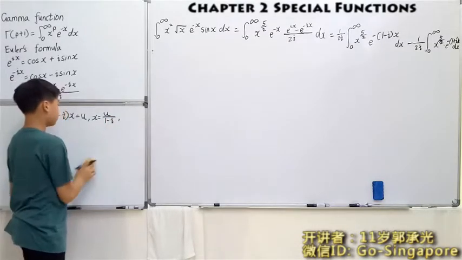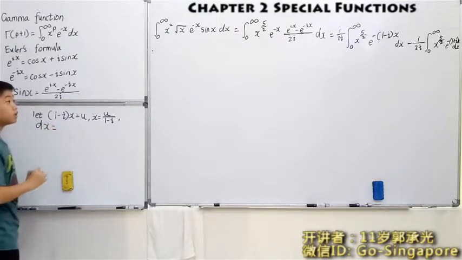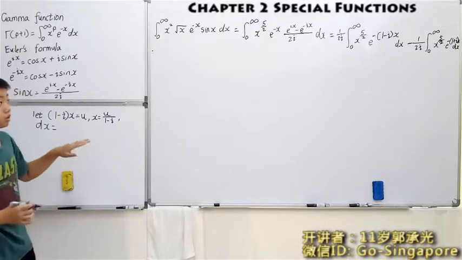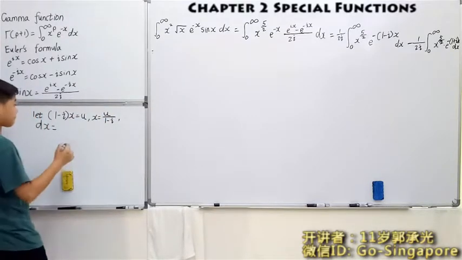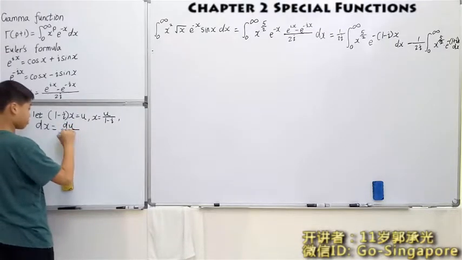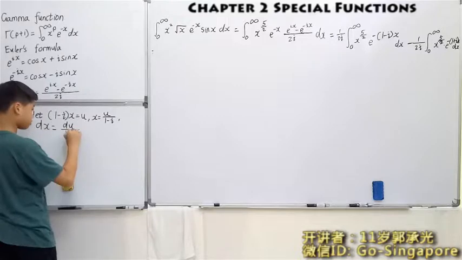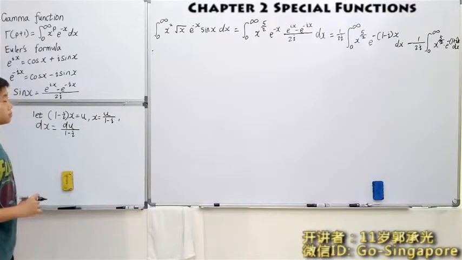Then you have to know dx. Since you need to change it into u, the dx you also need to change into du. So differentiate, it becomes du over 1 minus i.